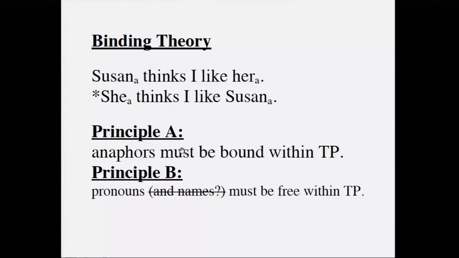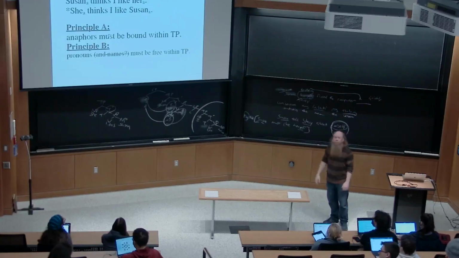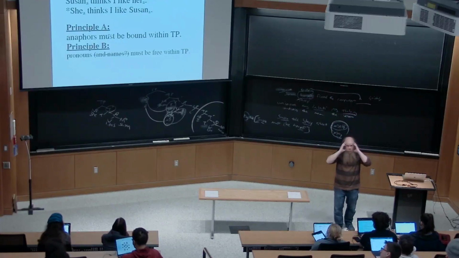Pronouns really are the opposite of anaphors. They need to be free within TP. So in "Susan thinks I like her," Susan C-commands her and co-refers with her, so Susan binds her, which is fine, because although her is bound, it's bound by something that's far away. But in "she thinks I like Susan," we're seeing that names do not behave like pronouns.